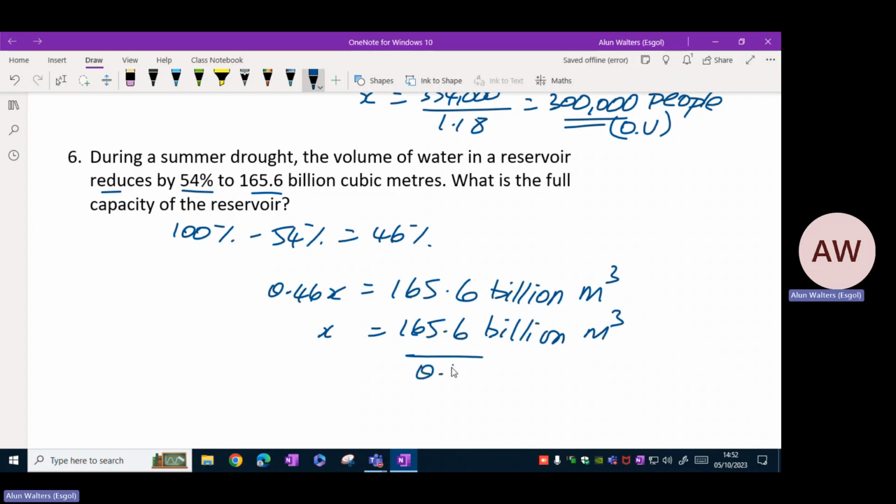If I divide it by 0.46, I end up saying the original capacity of the reservoir was 360 billion meters cubed. Okay, and that's the original value.